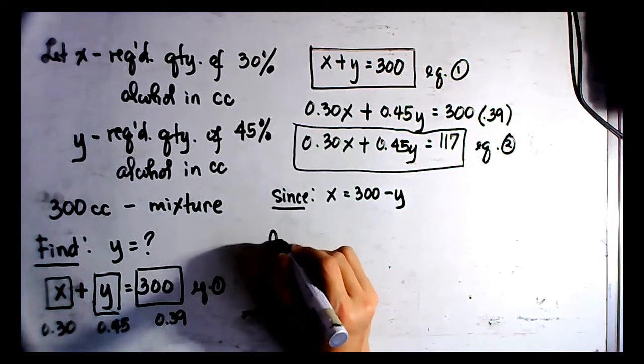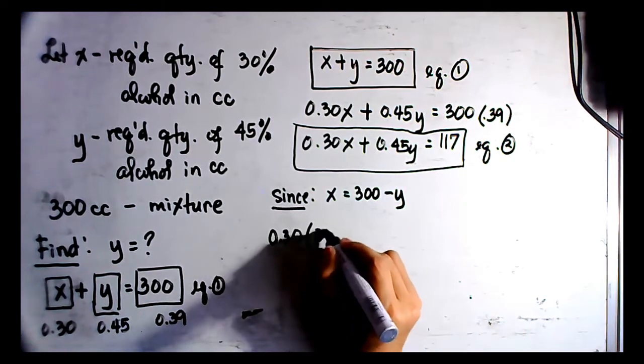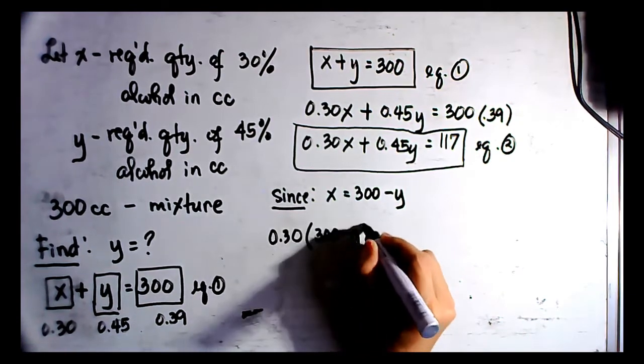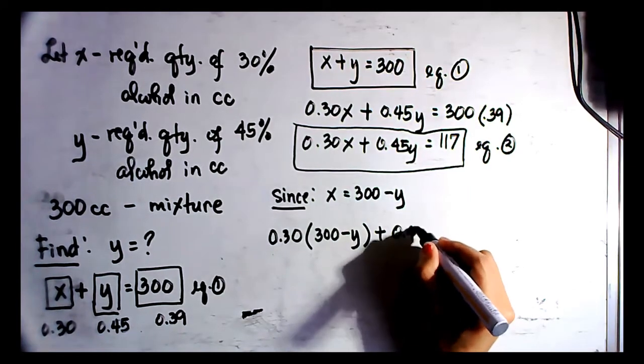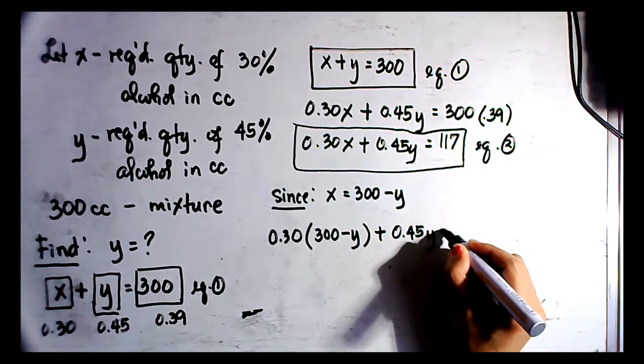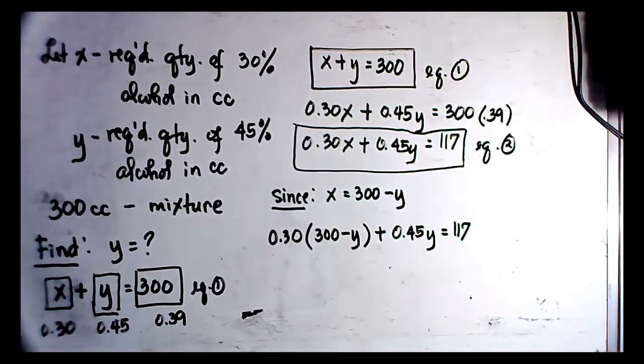So we will have 0.3 multiplied by 300 minus y, plus, of course, the 45% solution times y, equals 117. That would mean we only have one unknown here, which is the value for y. Since we can solve now for the value of y, that would be our answer.